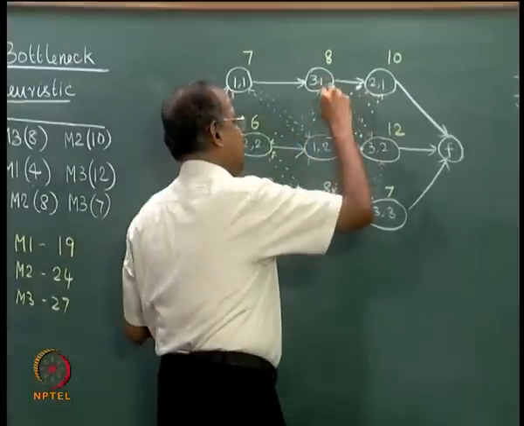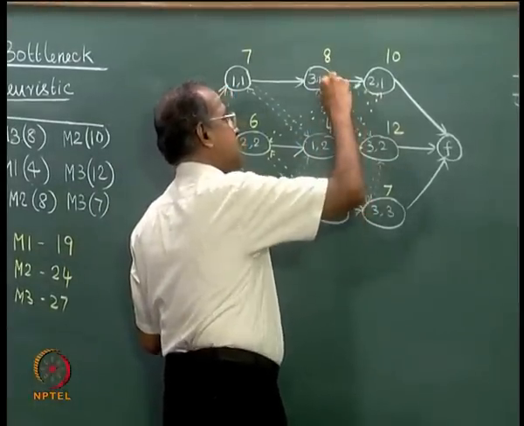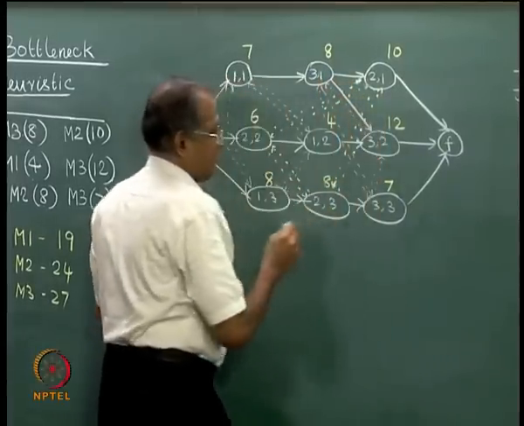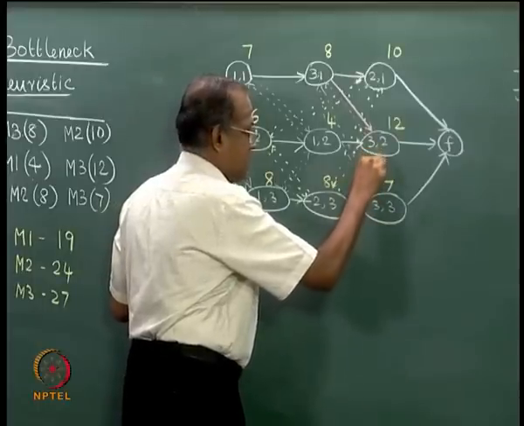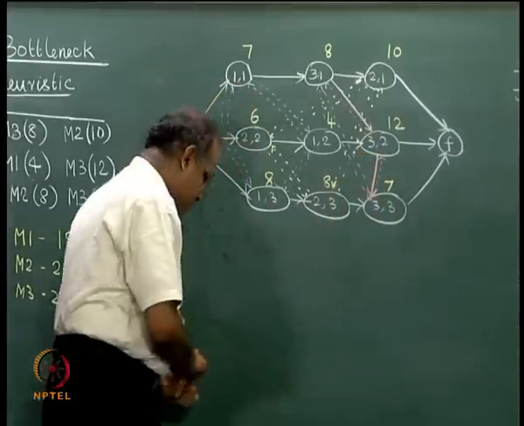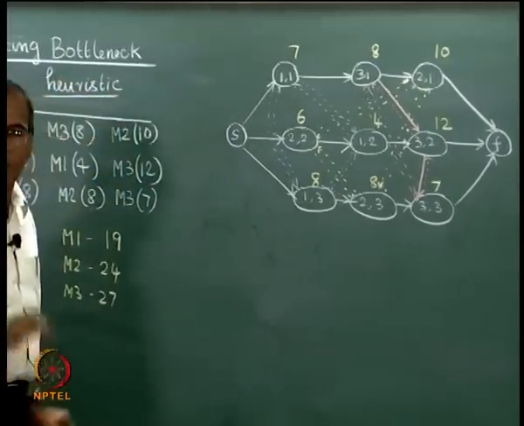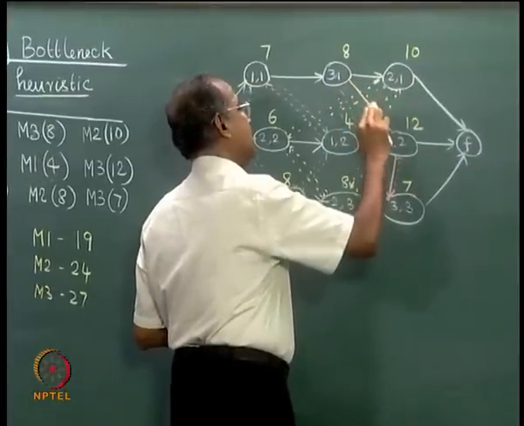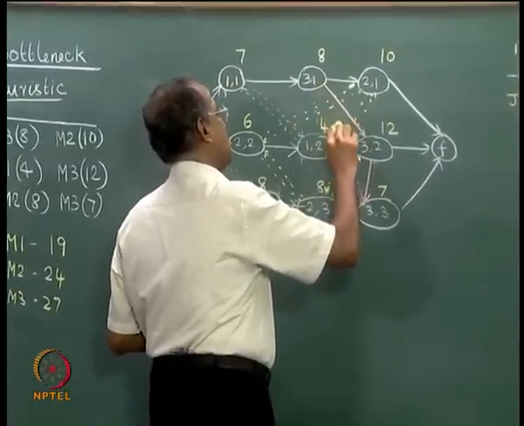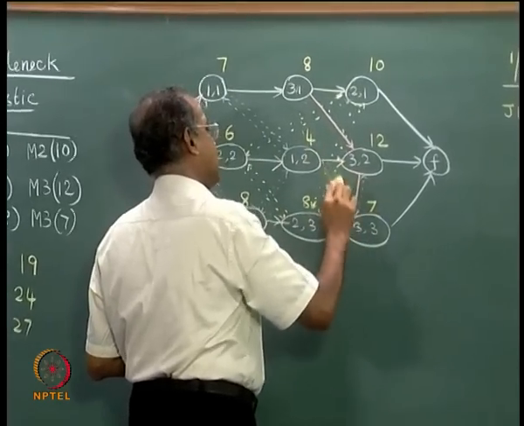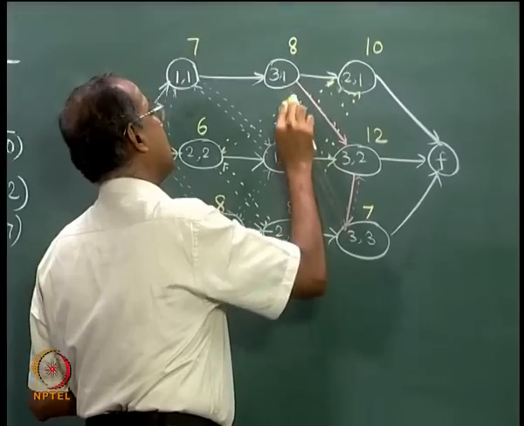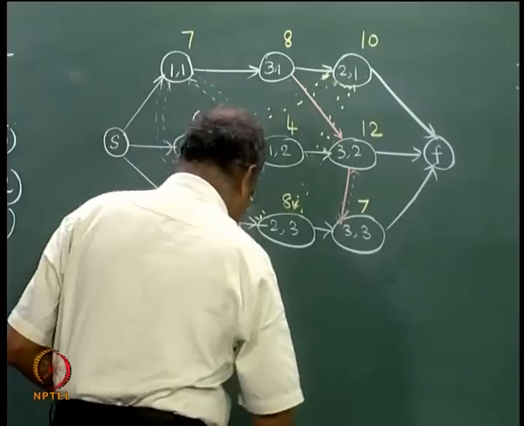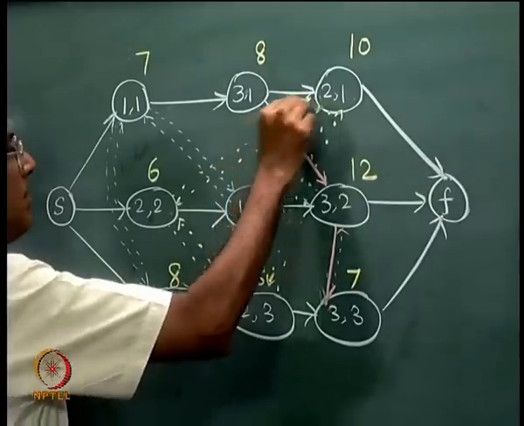First we do this, then we do this, so this arc becomes active, this arc becomes active, and then from here we do this, so this arc becomes active. The rest of the dotted pink arcs are now removed because they are no longer required. So we remove this, and all this, and we just have these 2 arcs coming into the picture.